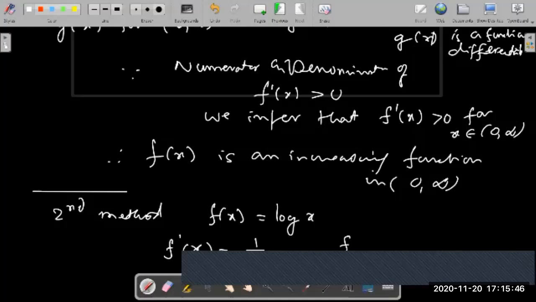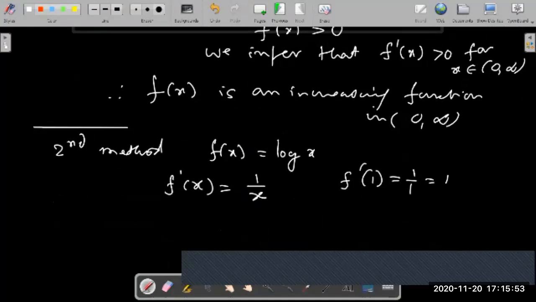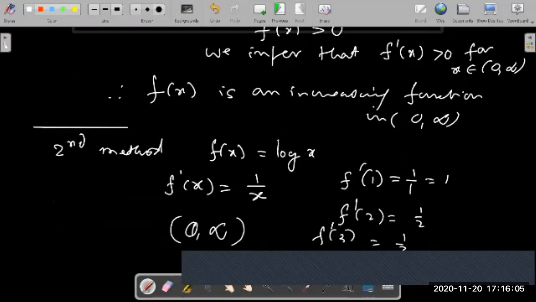Now f dash 1 is 1 by 1, which is 1. And if you give f dash 2, it will be 1 by 2. So f dash 3 will be 1 by 3. I can only give anything between 0 and infinity, so greater than 0 only I have been giving.